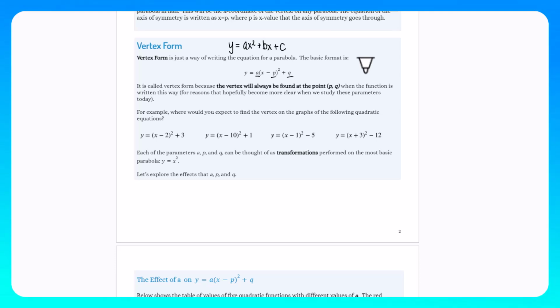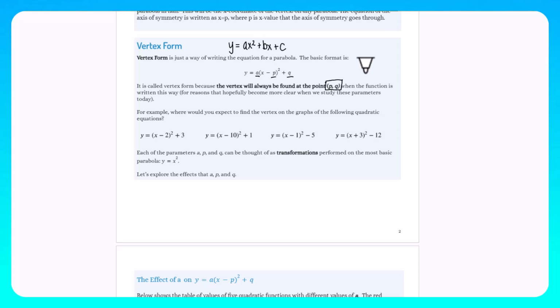So y equals a(x minus p) squared plus q. It is called vertex form because that p and q make up the ordered pair of the vertex. So in other words, p and q will tell us exactly where the vertex is for the parabola.